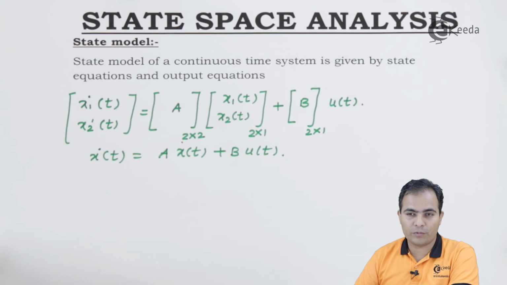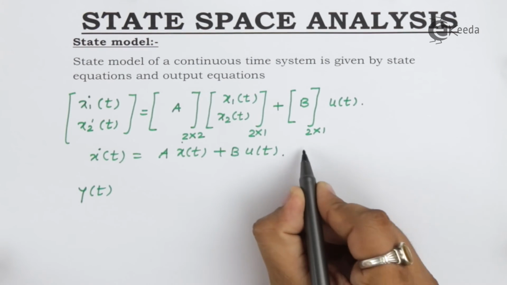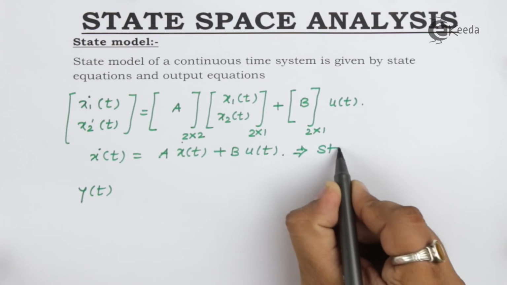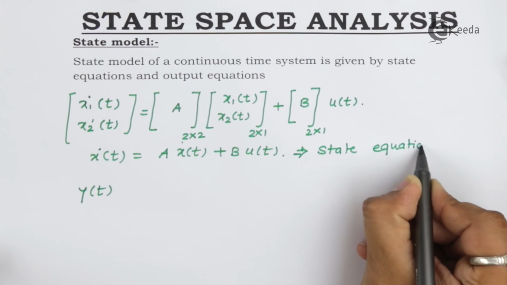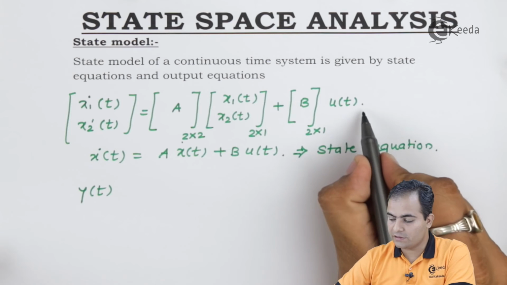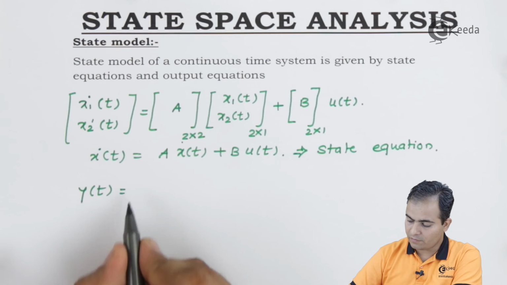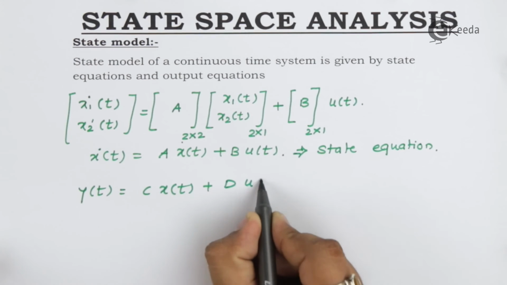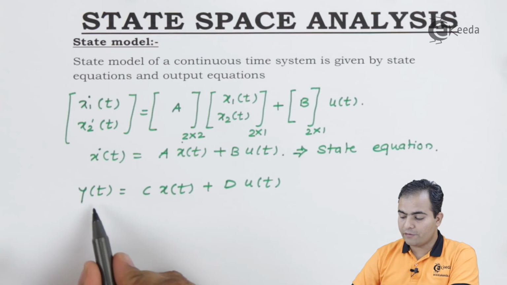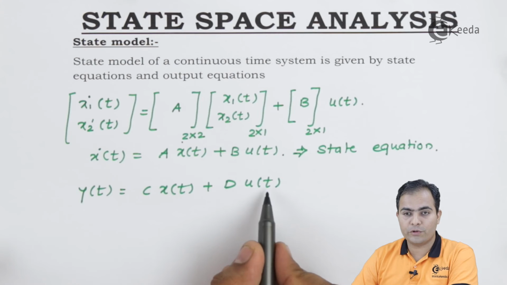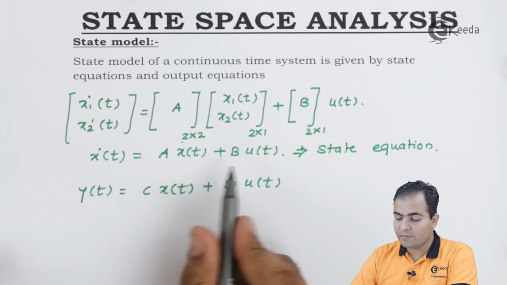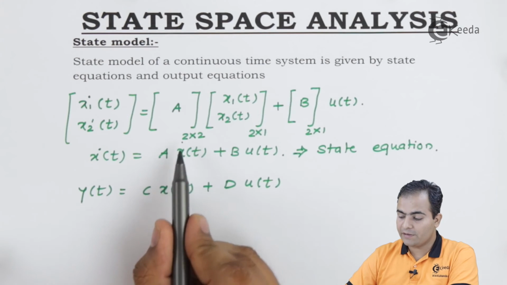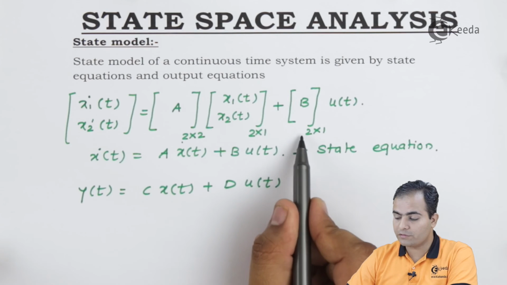Now we will write the output equation matrix. First of all, we'll write the output equation. This is nothing but our state equation and this one is a state model. Now I'm writing the output equation. It is represented by y of t equals C into x of t plus D into u of t. But C and D and A and B are matrices, where A has 2 cross 2 elements and B has 2 cross 1 elements.